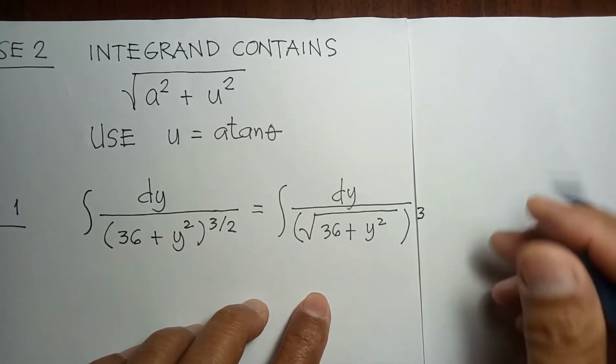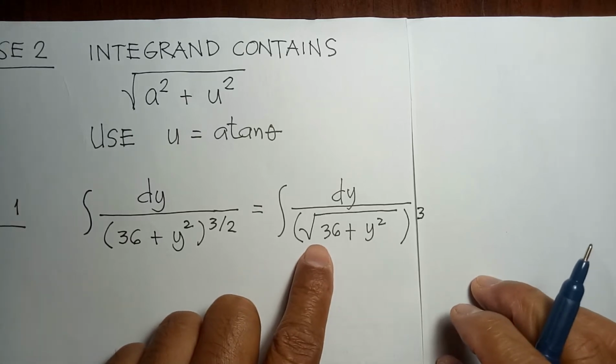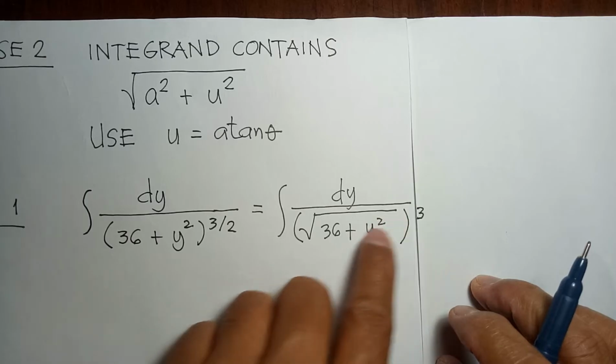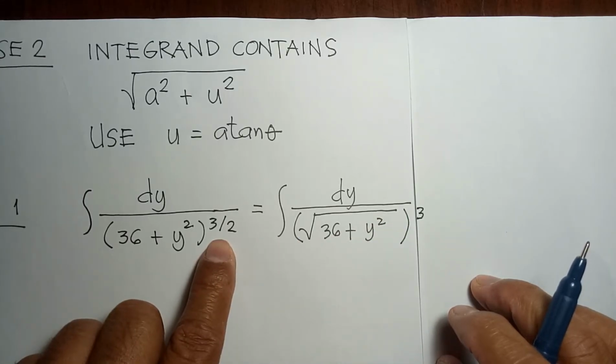Okay? So, bakit? Kasi ang ibig sabihin ng square root ay raised to 1/2. So, 1/2 times 3 ay equal din siya sa 3 halves.